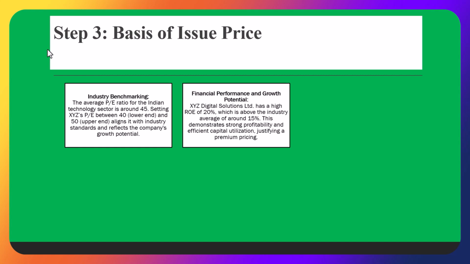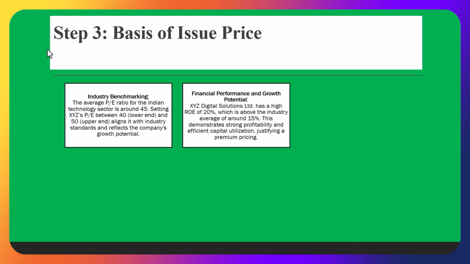But here the P/E ratio is in line with the industry, and the ROE is greater than the industry, so you should be putting your money in. Now just tell me, Nirdi, looking at the two aspects, the ROE and the P/E ratio, is company XYZ a really good company to put money in or not?